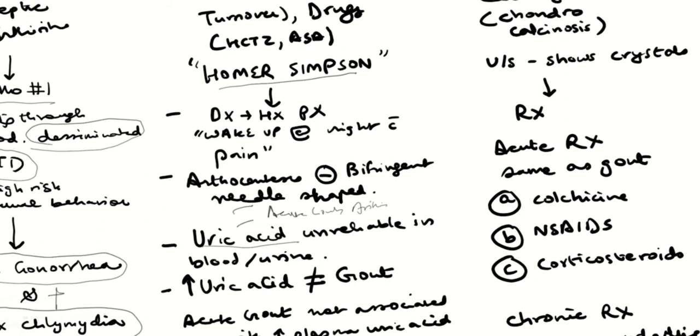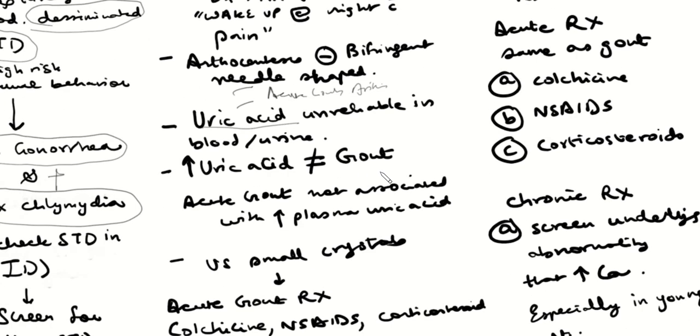So again, high uric acid does not equal gout, especially an acute attack of gout. Acute gout is not associated with increased plasma uric acid. One has to look at the joint and the joint fluid. What else can the provider order? Ultrasound, where small crystals may be visualized.